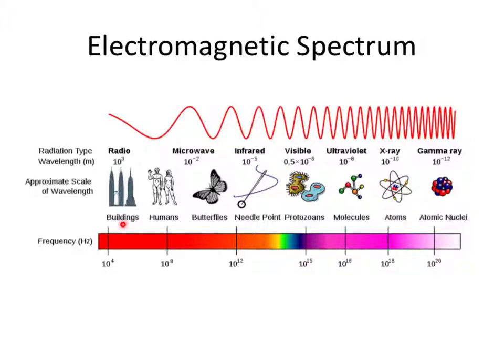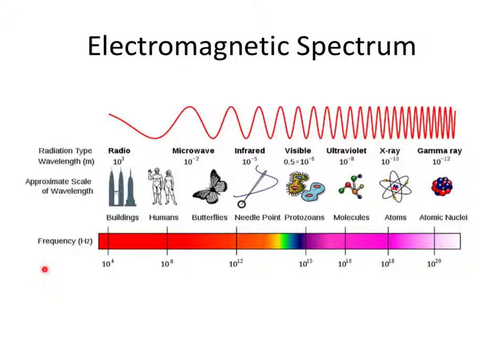Notice that radio waves are like 1,000 meters long, 10 to the third meters. Microwaves are much smaller. The visible rays, about the size of their wavelengths, are about the size of protozoans. And we get down here to gamma rays, which are very, very small wavelengths, 10 to the minus 12, approximately the size of atomic nuclei.